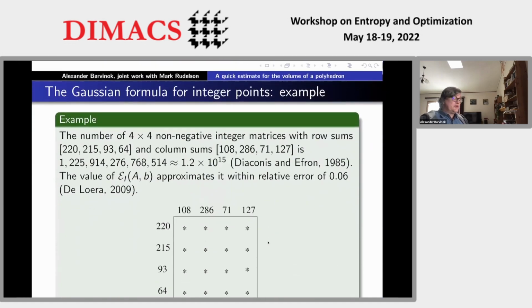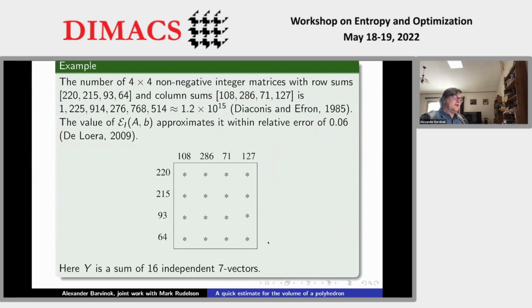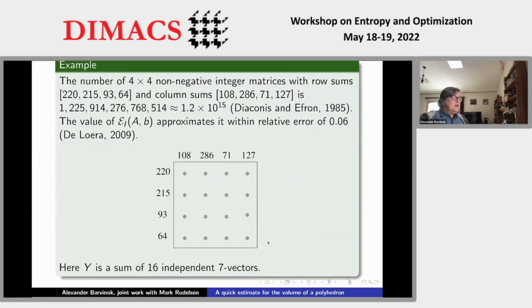And I'd like to finish with two examples that illustrate the numerics, because numbers do not lie. So this was computed by Jesus de Loera. The number of 4 by 4 non-negative integer matrices with such row sums and such column sums was computed exactly by Diaconis and Efron in 1985. So it's this number, right?